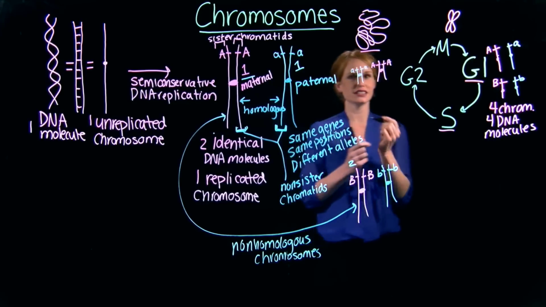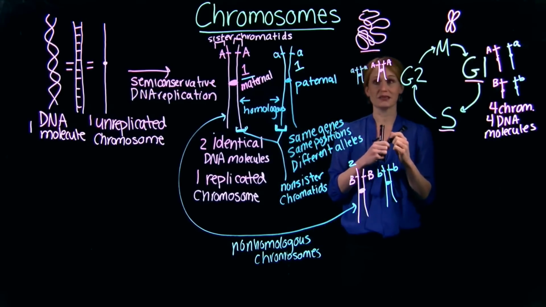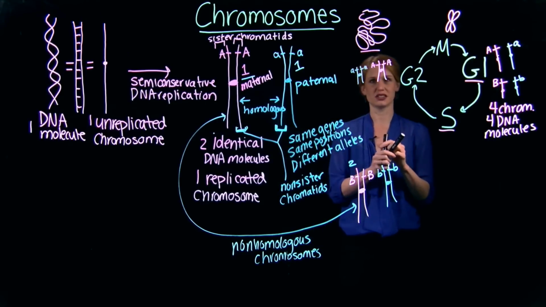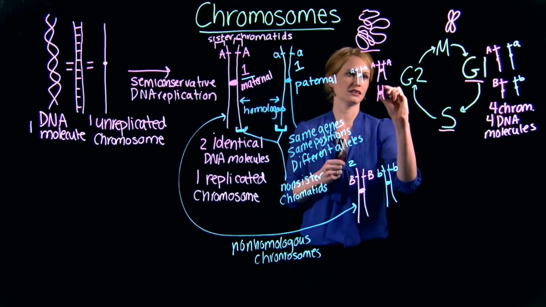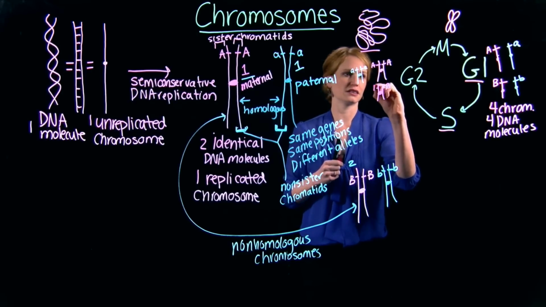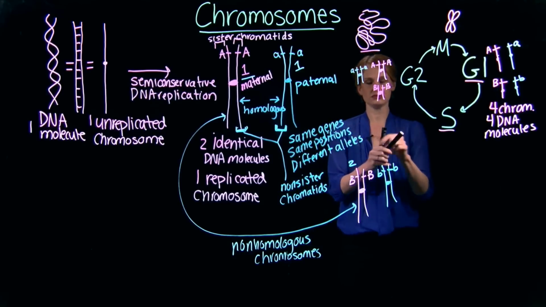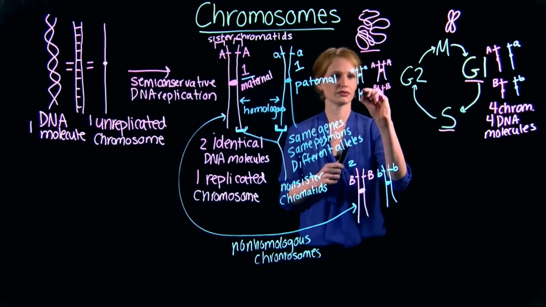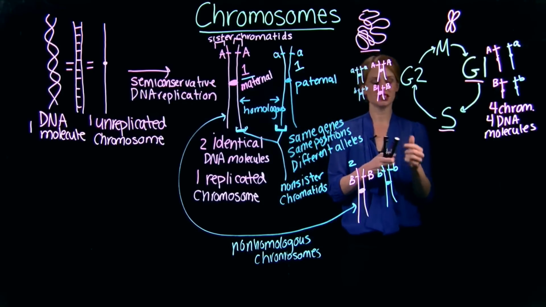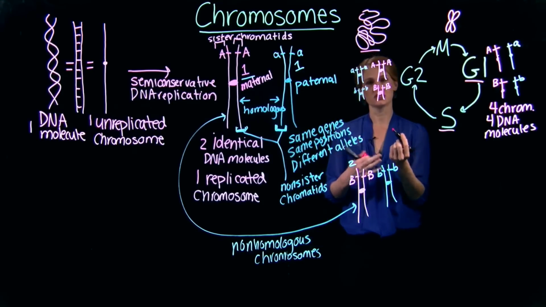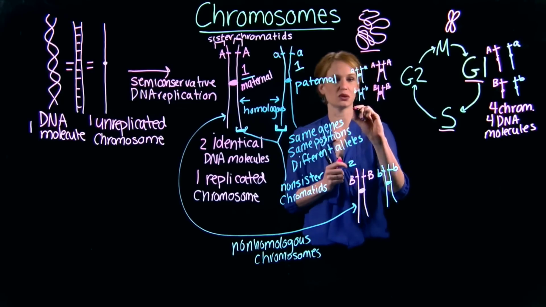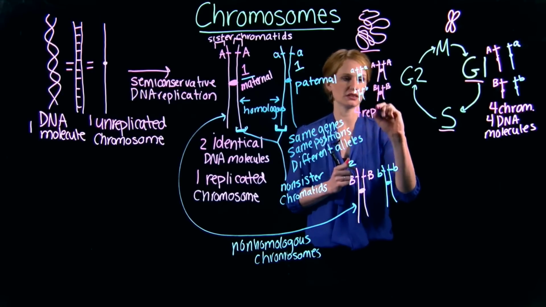And remember that the alleles on sister chromatids should be the same because these DNA molecules are identical. So here in G2 phase of the cell cycle, we have a total of 8 DNA molecules, but still 4 chromosomes, 4 replicated chromosomes.